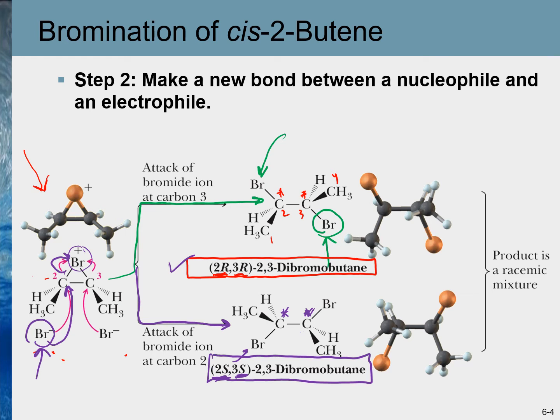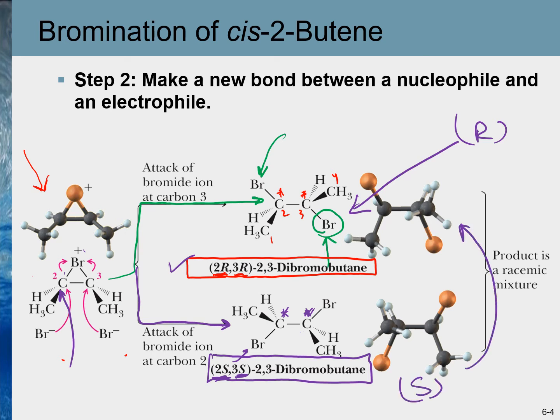So that means if the attack takes place at the number 3 position, we get R configuration, and if the attack takes place at the number 2 position, we get S configuration, and both of these are mirror images of each other.